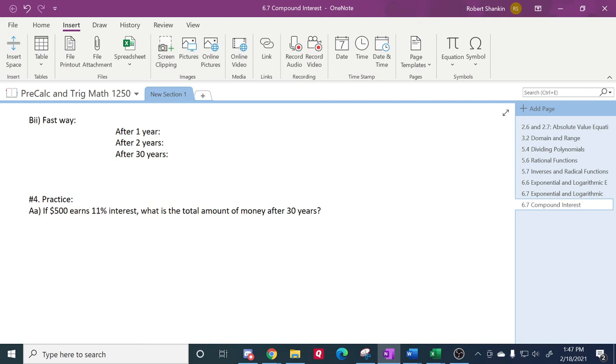Okay, group 4. What'd you get for this? So group 4, Maya, are you there? I don't think she's here today, but okay. What I got was 500 times 1.11 to the 30th power.